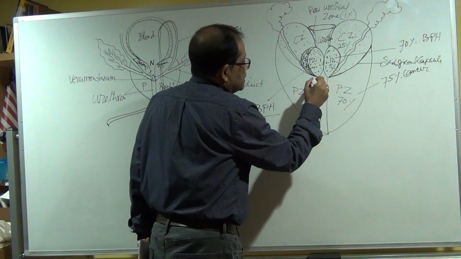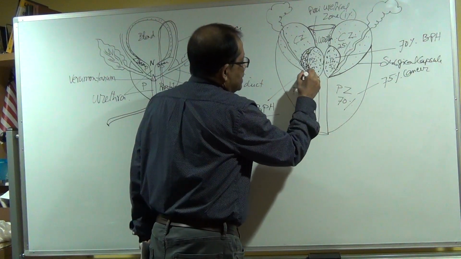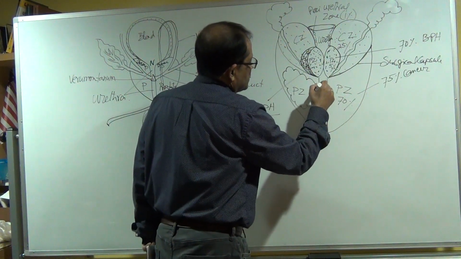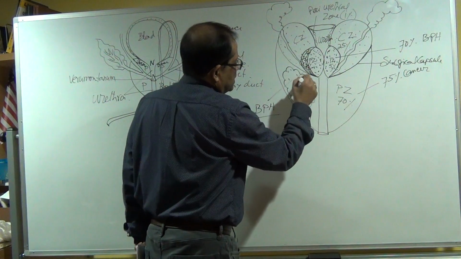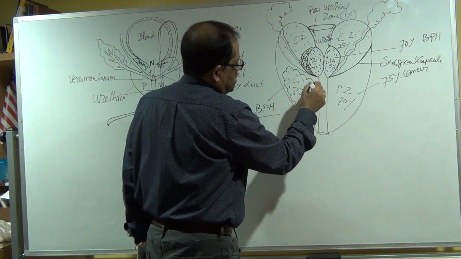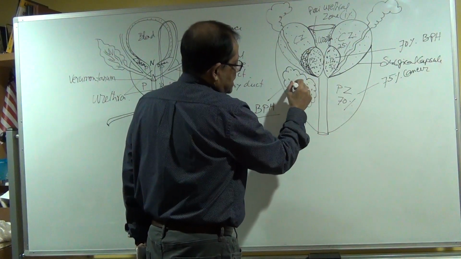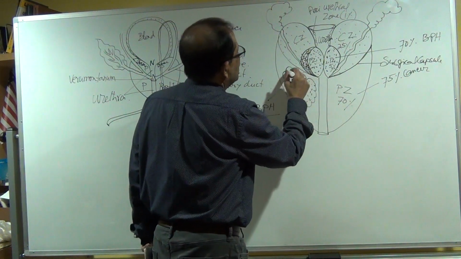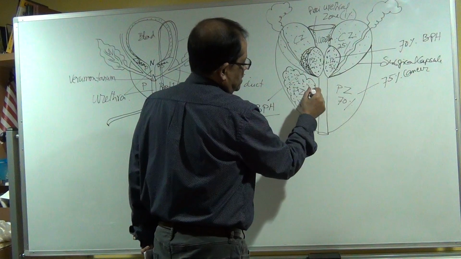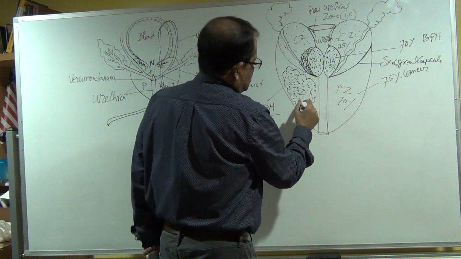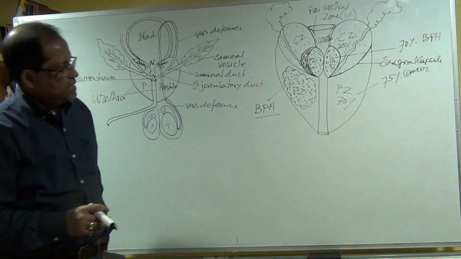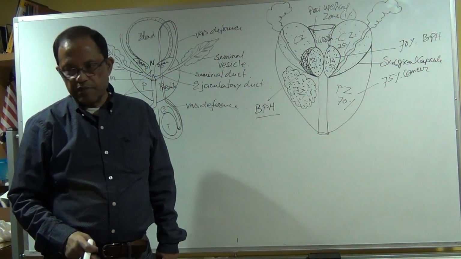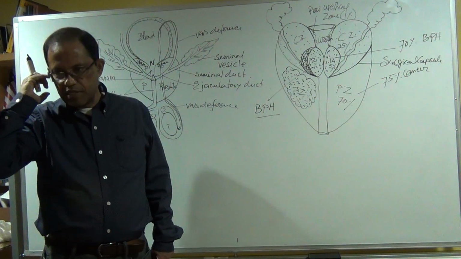Now, there might be a malignancy in the peripheral zone. This malignancy will extend slowly. Most of the time, the cancer in the prostate gland can kill a patient maybe by 15 to 20 years.